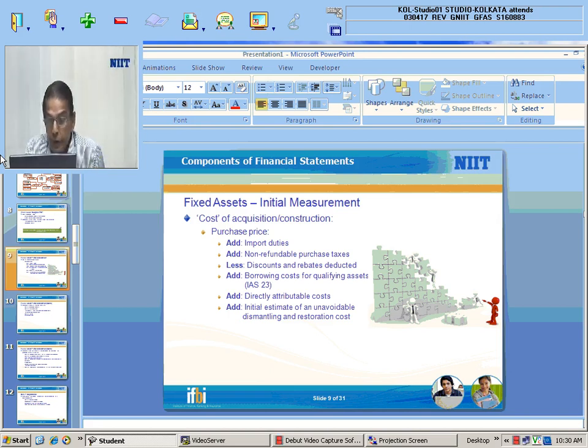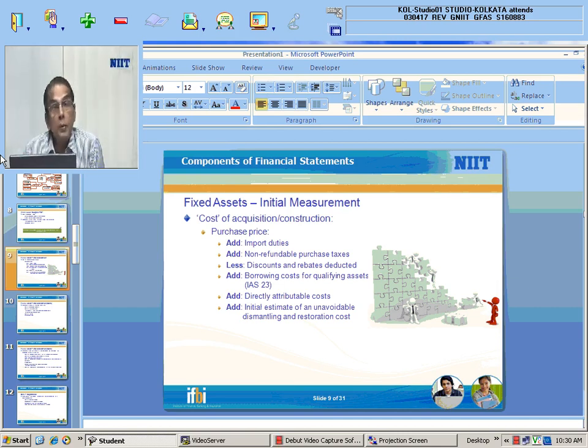So the factory may have to be removed. The place where the factory was located must be returned to the original condition, that is the condition before the factory was set up. So if this kind of condition applies for setting up a factory, then for initial measurement of the cost of the factory, this cost must also be included.